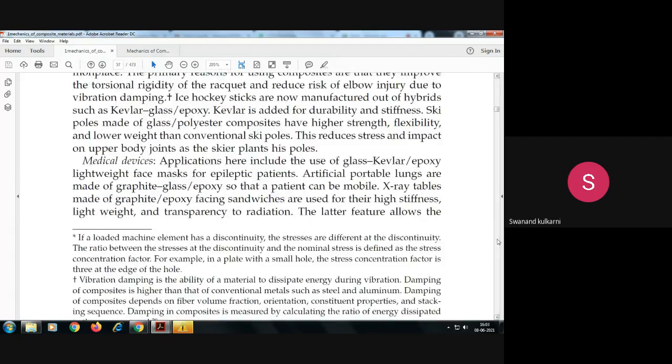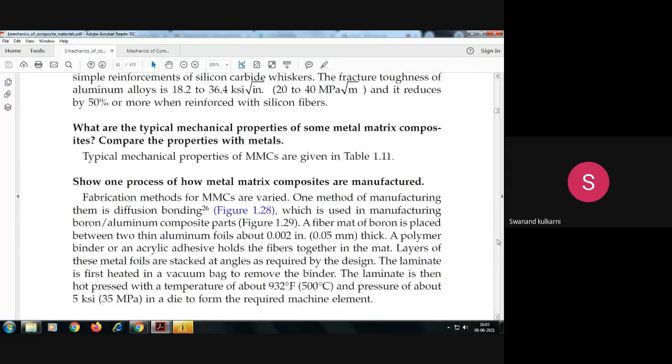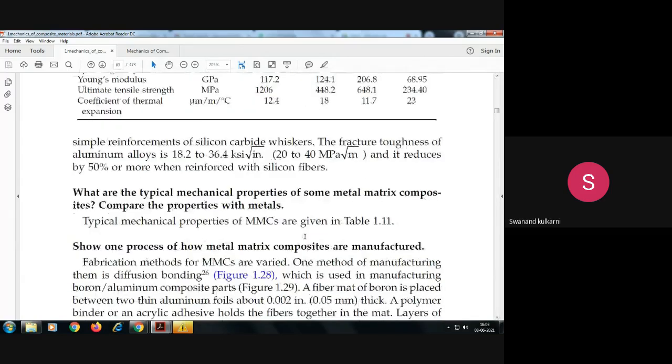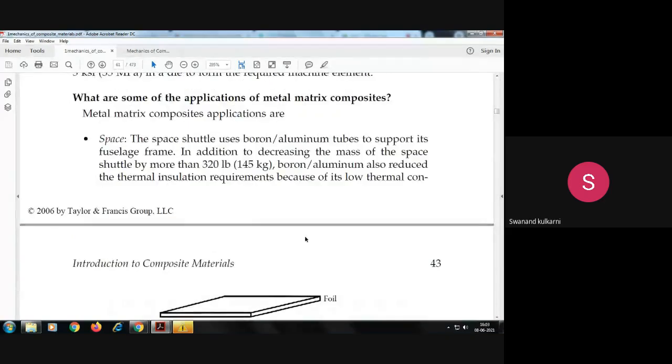So in case of metal matrix composites, we can see that in space applications, metal matrix composites have applications. In the space shuttle, boron aluminum tubes are used to support its fuselage frame.